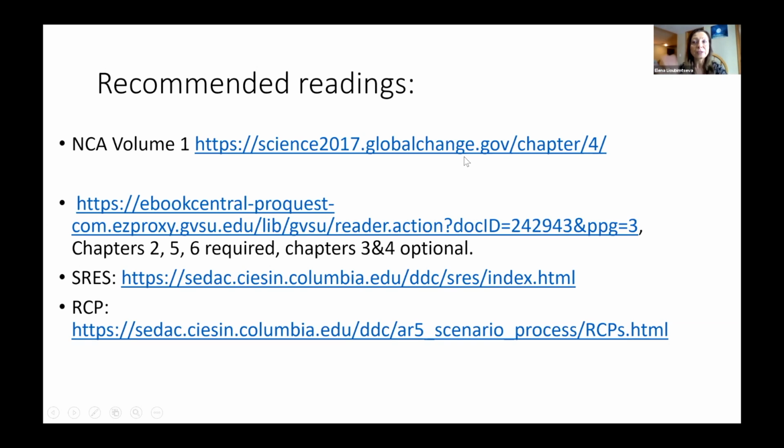And so it's very easy to go back and forth between those lesson plans and this website. And chapter 4 in NCA would also take you through the logic of climate models. Also, there's a wonderful book, Climate Modeling Primer, if you want to take a look at it, that's available as well. And then you have links explaining the SRES and RCP scenarios.